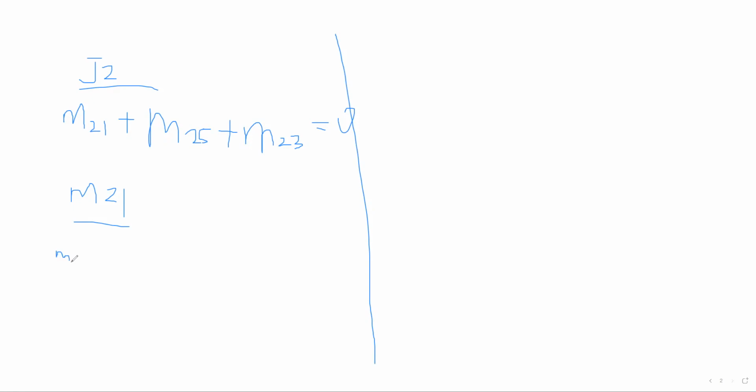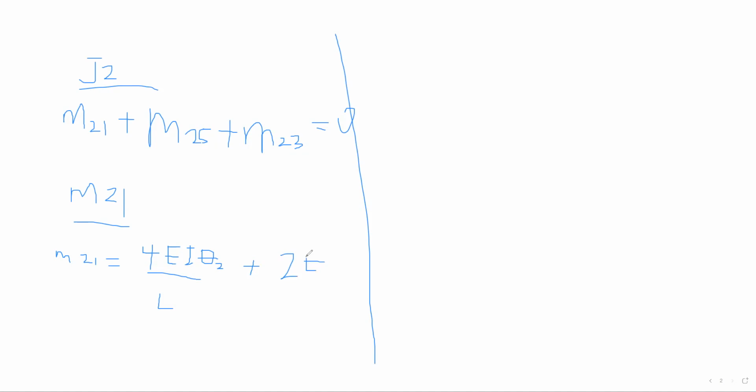So my M21 is equal to 4EI theta 2 over L for the near end. The near end is where you are taking this one from, so 2 is the near end, plus the far end. The far end is 2.